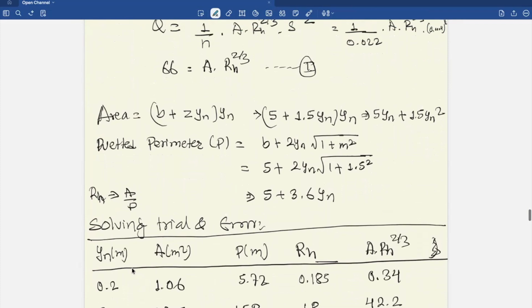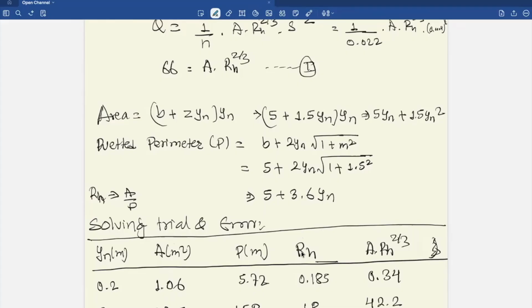First I will start from 0.2, just my random number. When I use this yn as 0.2 in this equation to compute area and perimeter, I get area equal to 1.06, and for the wetted perimeter, I get 5.72.